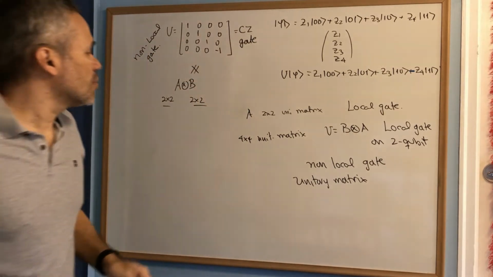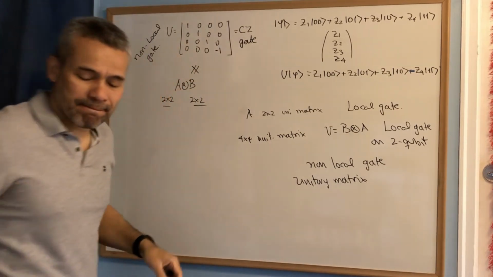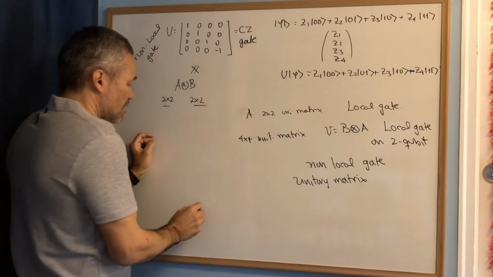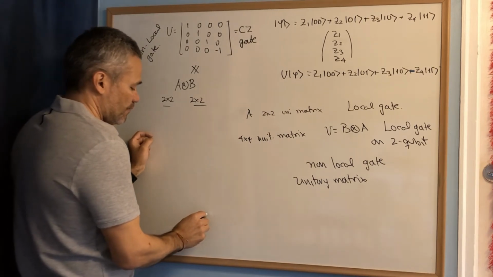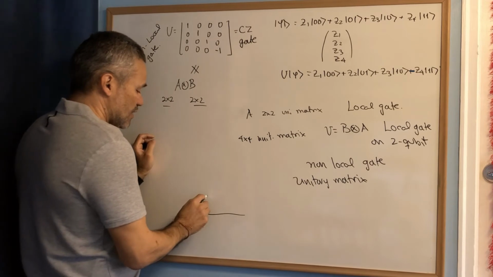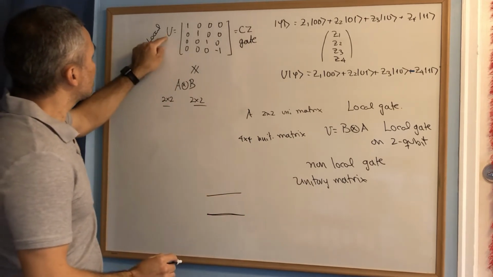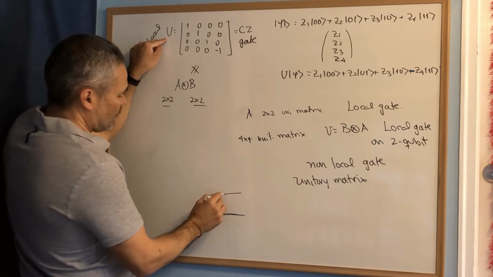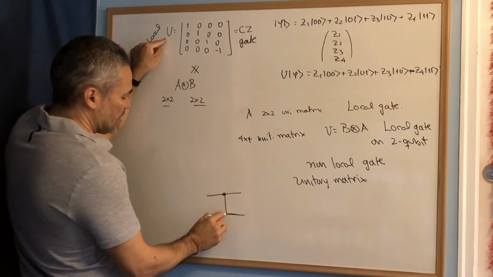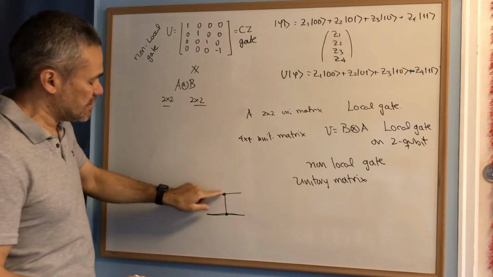We can also use the horizontal lines to describe this gate. Usually the notation is that this gate is going to be described by this symbol.